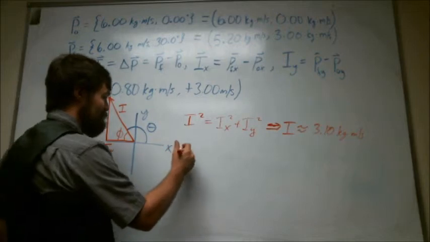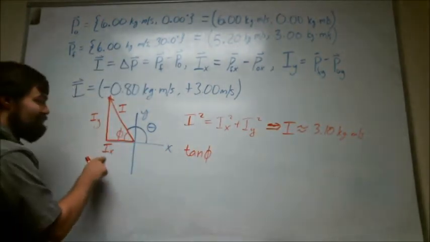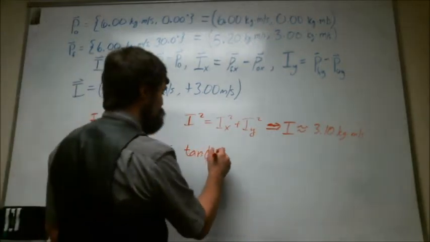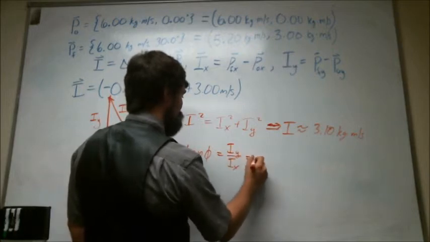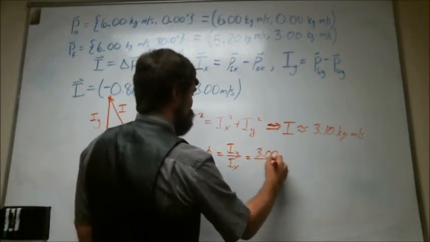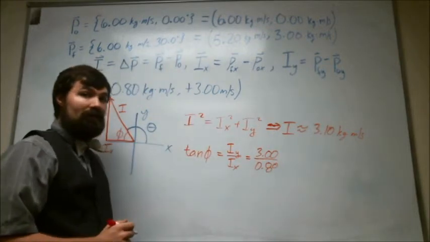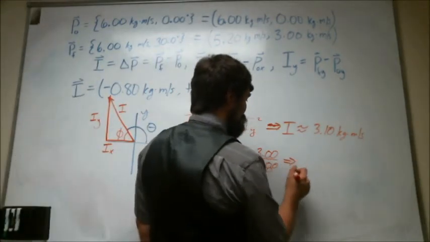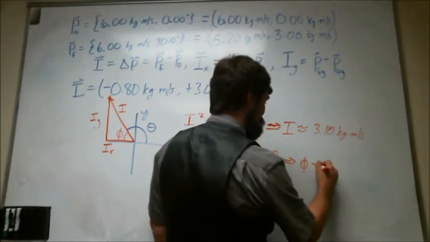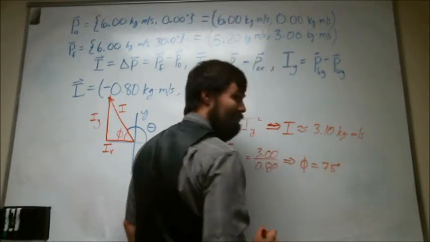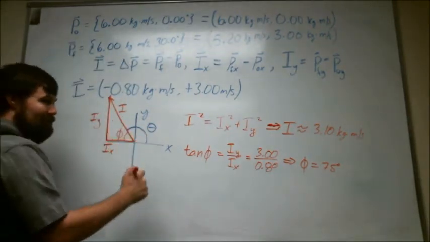Then I can use that tangent of an angle is always opposite over adjacent, and here I'm just going to use magnitudes. So this would be Iy over Ix, so 3 over 0.8. And so I take an arctangent of both sides. The units, of course, cancel. Take an arctangent of both sides, and I get that phi is 75 degrees. And I have that theta and phi add together to make 180 degrees.